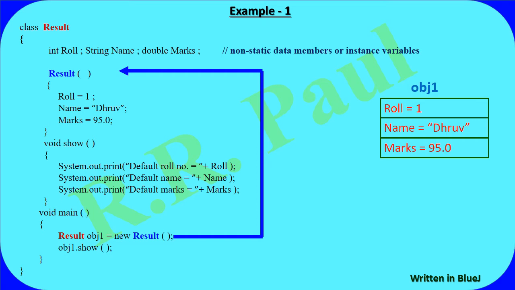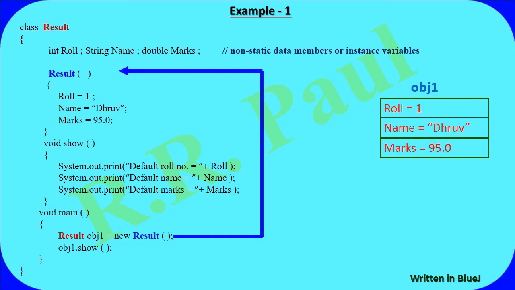To make something static, we write down the keyword static just before it. But here it is not written, so we call it a non-static data member. So as soon as obj1 is created, these non-static data members get associated with it. And then they start occupying some RAM space. And in that RAM space, what values will be stored?